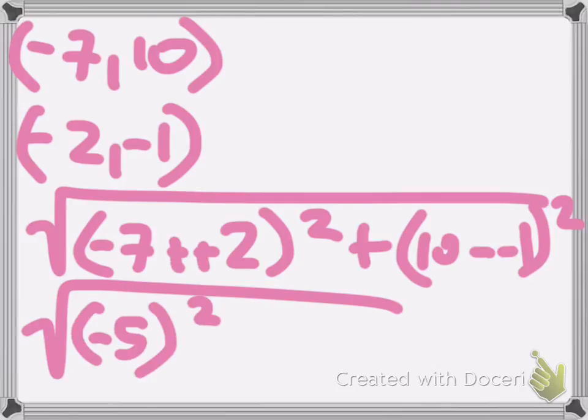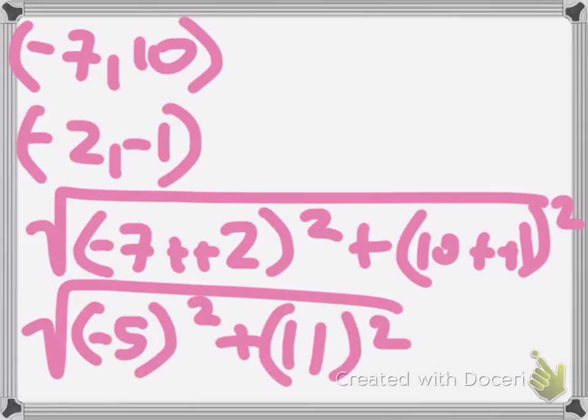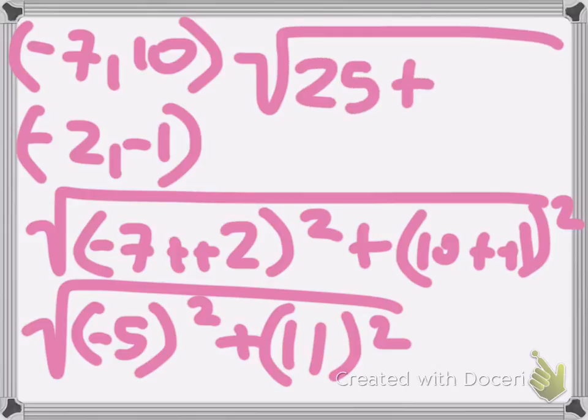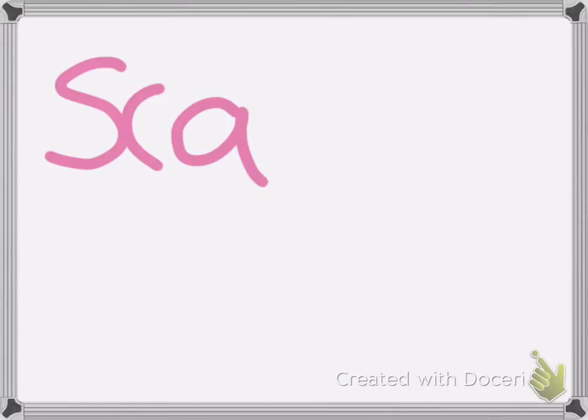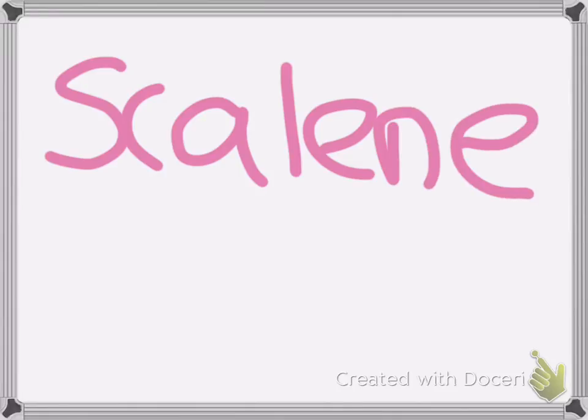So I get negative 5 squared plus 11 squared, or 25 plus 121, which gives me 146. And as you can see, all of these side lengths are 3 different values. So we would say that the triangle itself is going to be scalene, because it has 3 different values of sides.